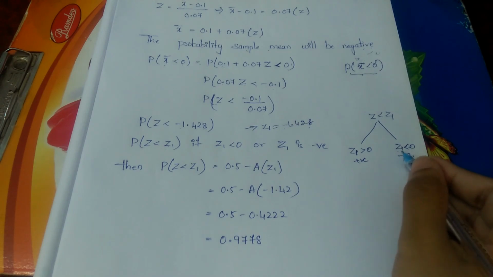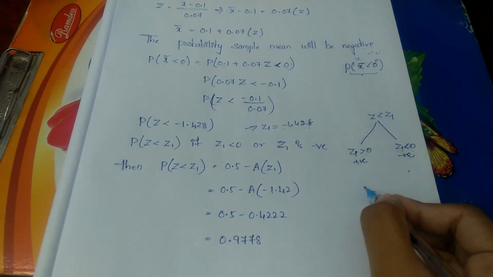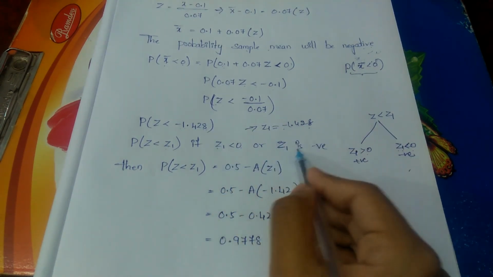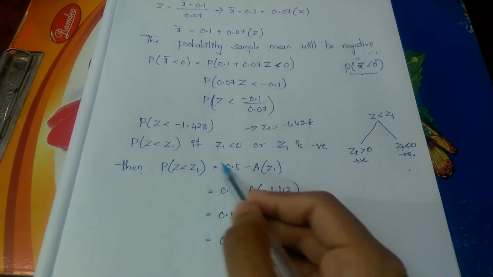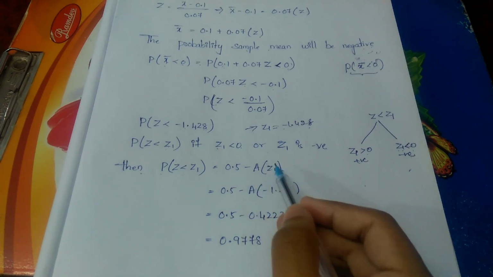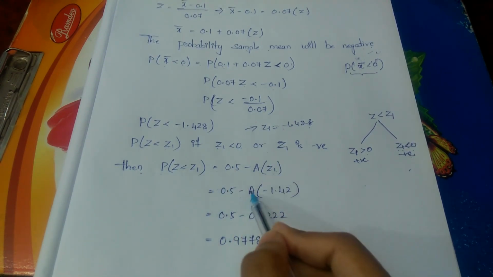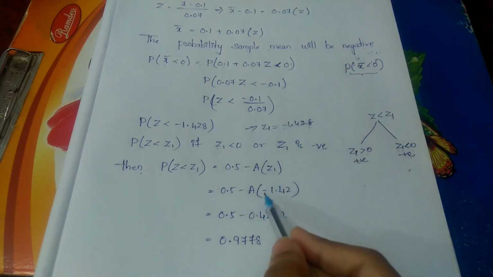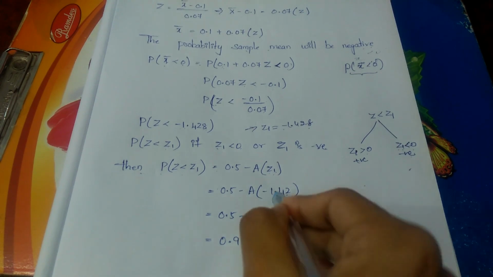So for z1 less than 0 we have one formula, and for z1 greater than 0 we have one more formula. Here, when z1 is negative, the probability of z less than z1 is equal to 0.5 minus the area of z1. So this is the formula we will use. So 0.5 minus the area of the z1 value, which is 1.428. You can also write it as 1.42, because from the normal distribution table we have only up to 2 digits after the point.